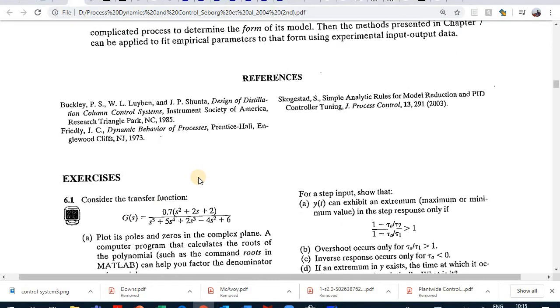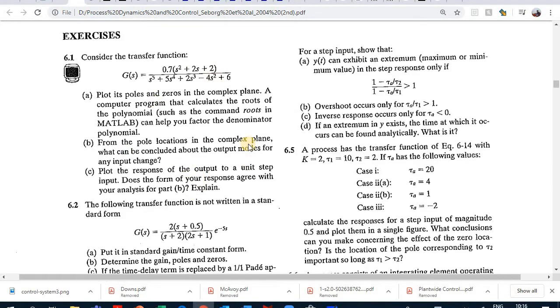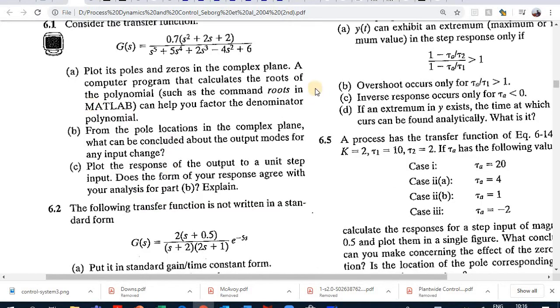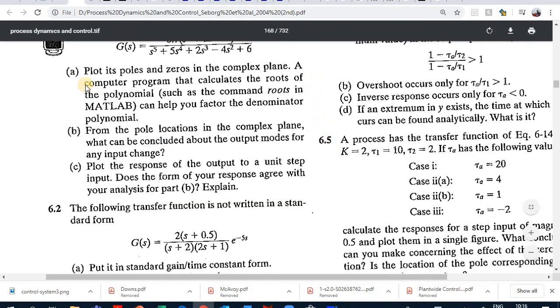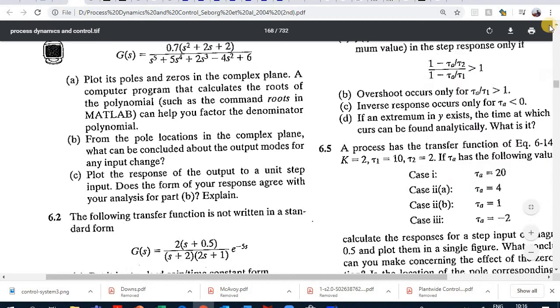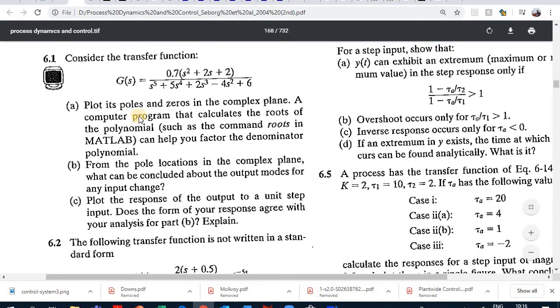So here we have 6.1. 6.1 actually talks about some plotting, so we're not able to do this. It's not straightforward that we are able to do this. However, it says here plot the poles and zeros in the complex plane.